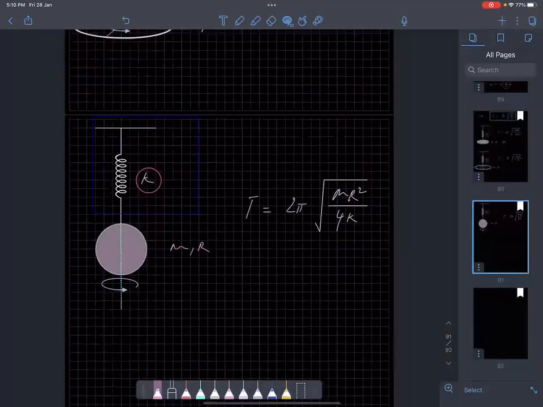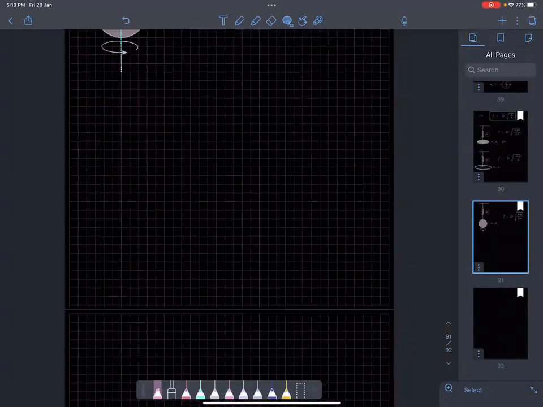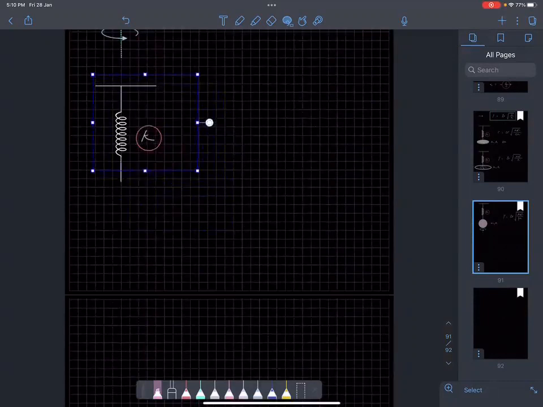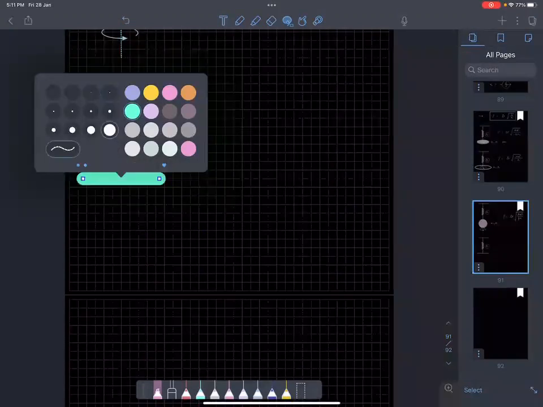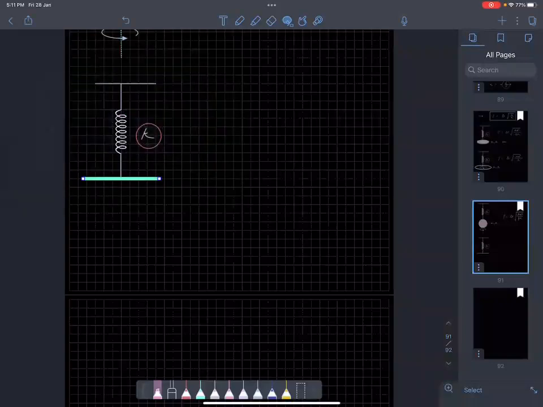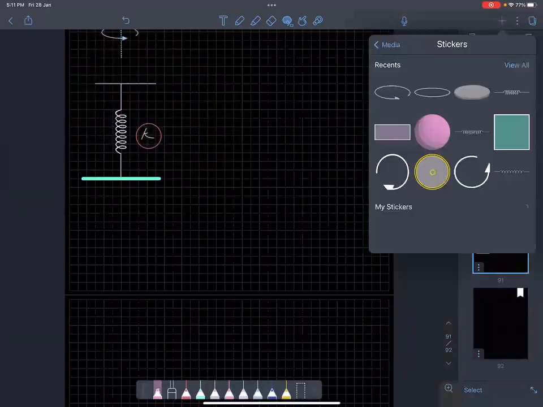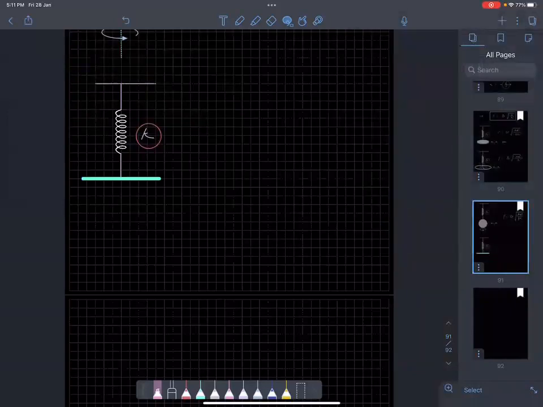Now this time I will give you a rod attached at center. So this is a rod attached at center. 2 pi under root ml square by 12k.